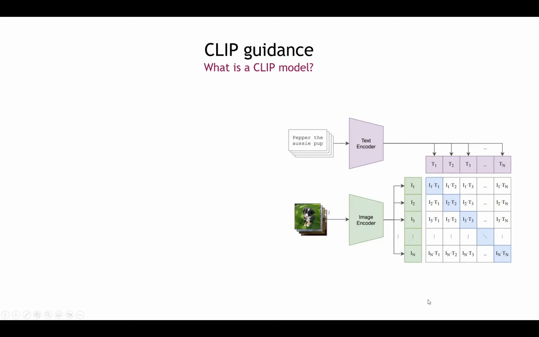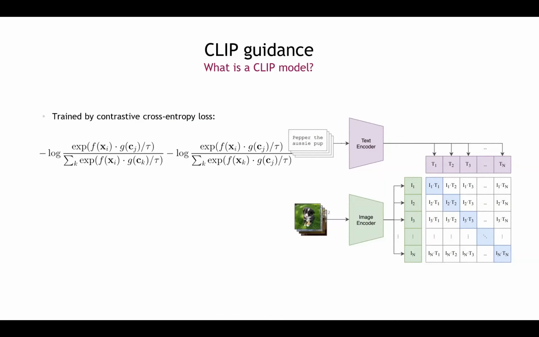It does this by cross entropy, getting the similarity between an image and its corresponding caption, and then minimizing the similarity between the image and all other captions, not that same caption.